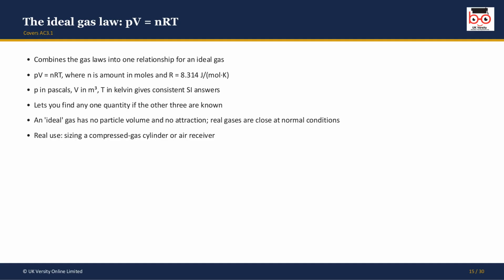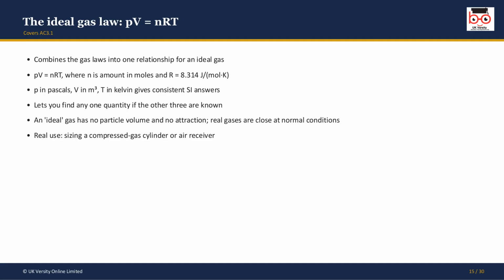Now we bring the gas laws together into a single relationship. The ideal gas law, pressure times volume equals nRT. Here n is the amount of gas in moles, and R is the universal gas constant, 8.314 joules per mole per Kelvin. If you keep pressure in pascals, volume in cubic meters, and temperature in Kelvin, everything comes out in consistent SI units.